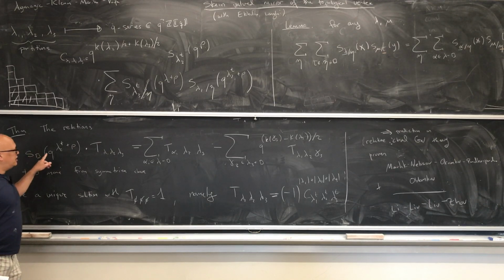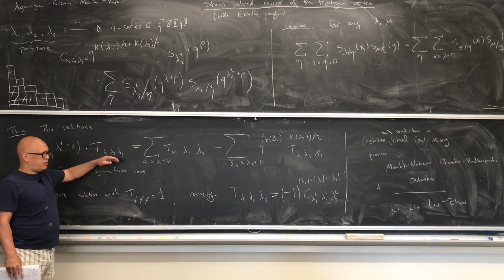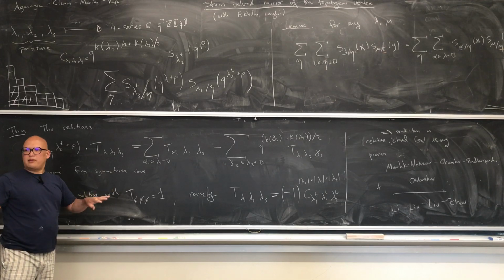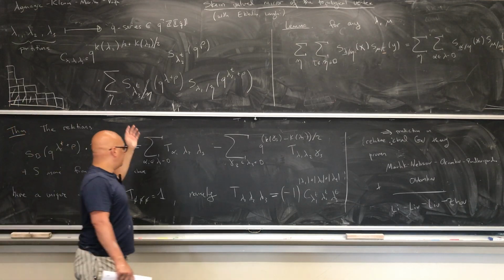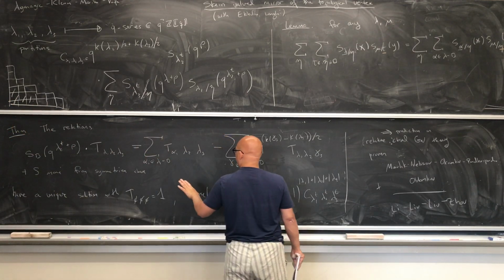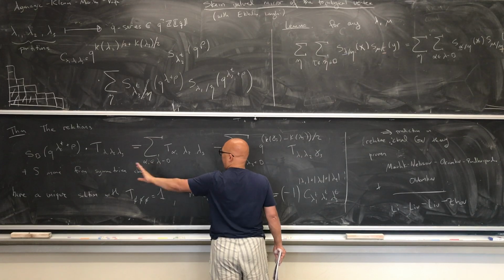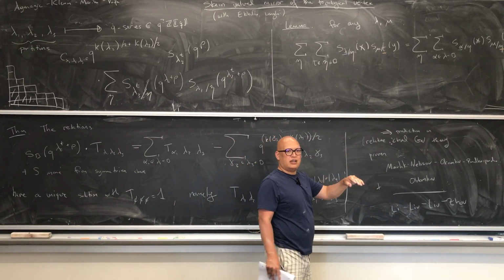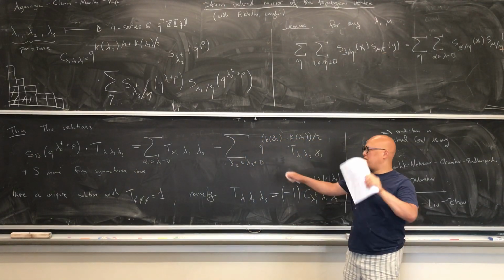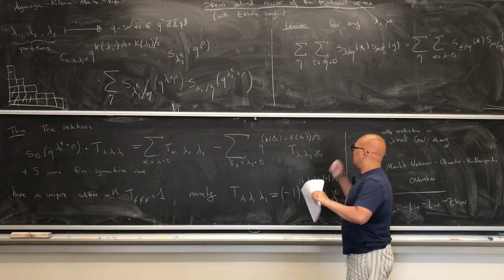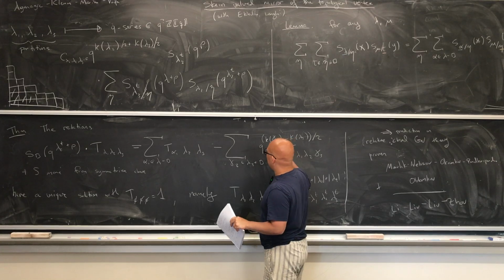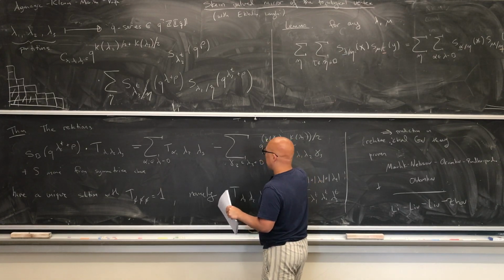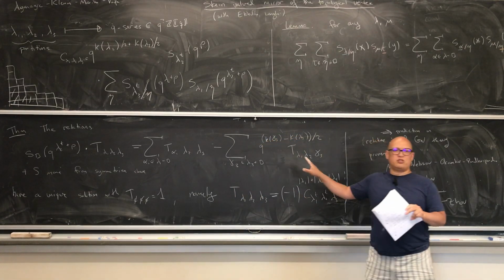So if you count all the ways you can have something with asymptotics lambda 1, lambda 2, lambda 3, and look at all the ways of adding one box to the partition at the top, that's related to all the ways of taking off a box on one side and adding that box to the other side. So there should be some kind of three-dimensional jeu de taquin. If you like this kind of combinatorial stuff, this formula should have a really beautiful proof, which is not the proof that I wrote.